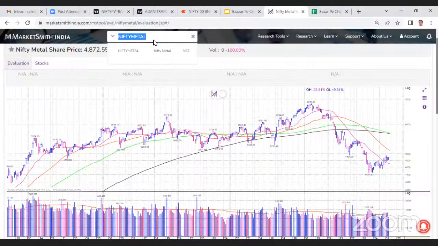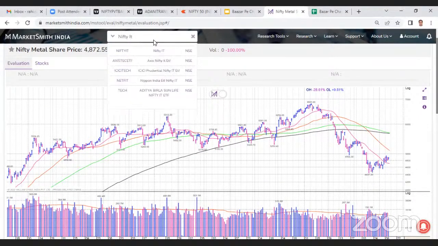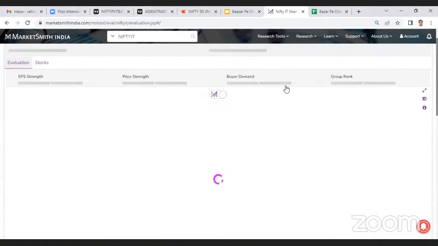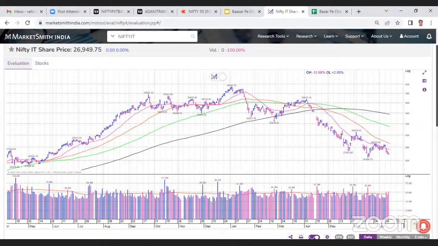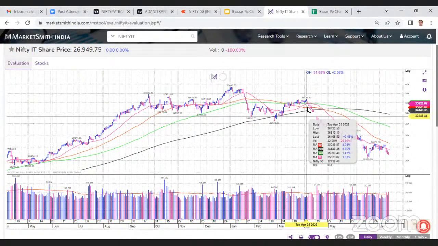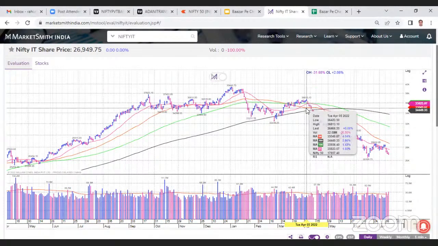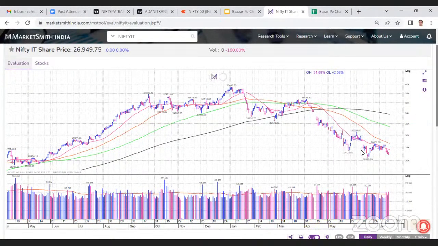So first, I would like to talk about the Nifty IT Index. This is the daily chart of the Nifty IT Index, and as we already discussed in the last webinar, the index recently faced resistance around 36,800 on April 5th, and from then onwards it has declined, and the decline was very huge.